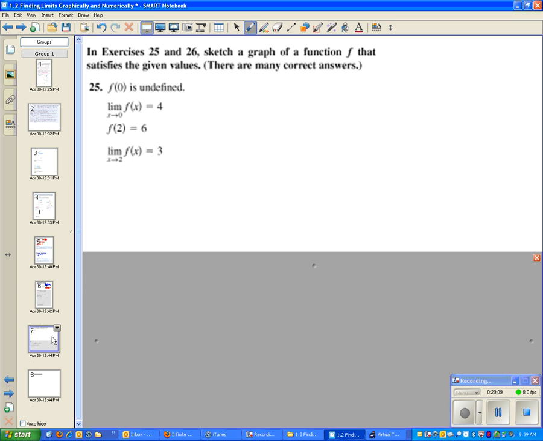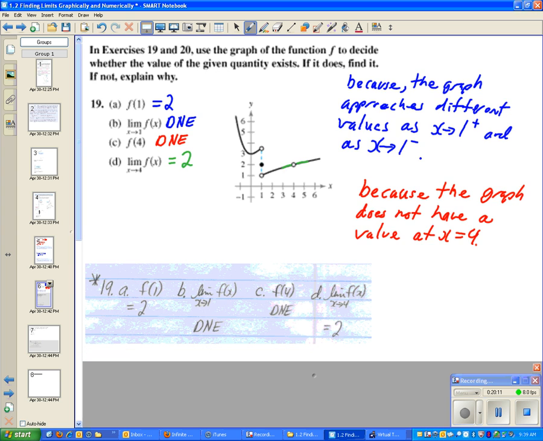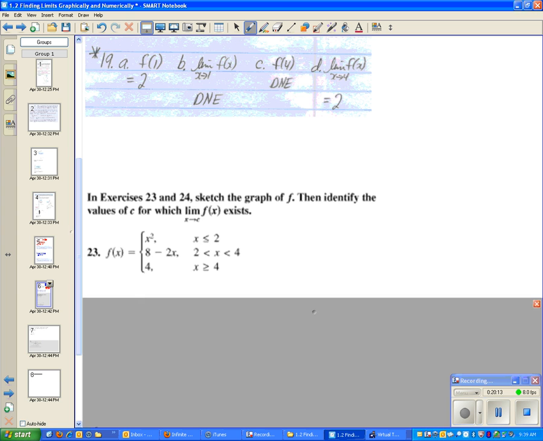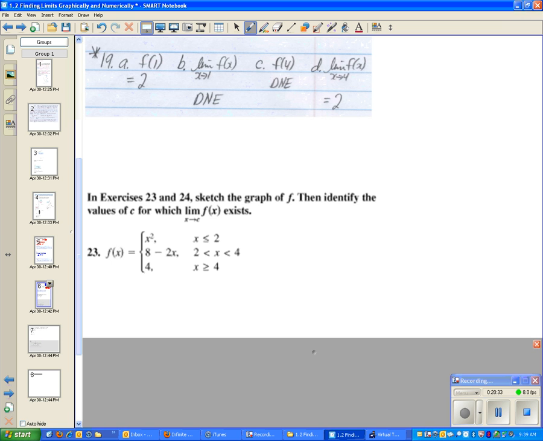I skipped one here. 23 is on this slide somewhere. In exercises 23 and 24, sketch the graph of f, then identify the values of c for which the limit of f of x as x approaches c exists. All right, so for 23, we're going to need to draw this graph.